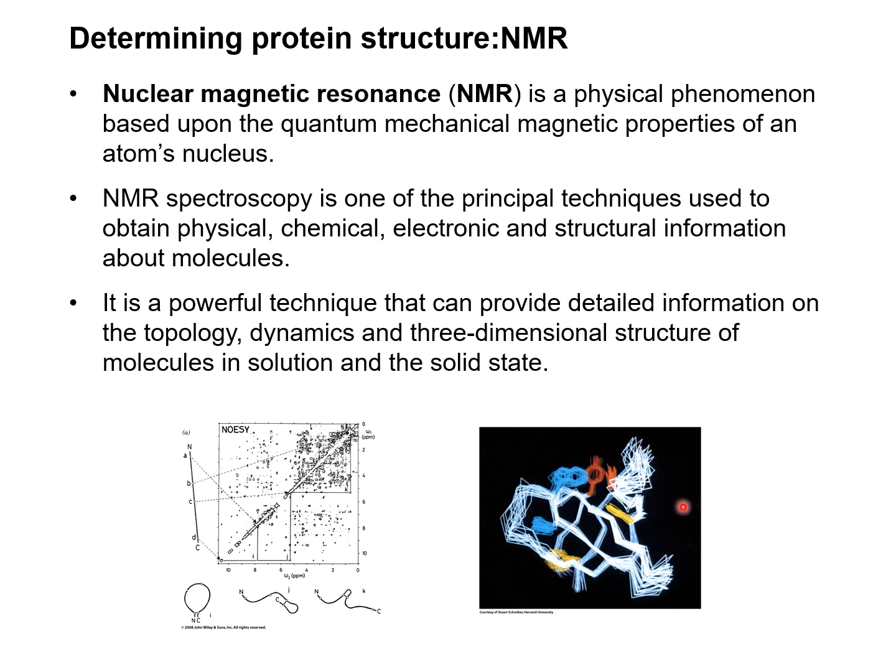You can also analyze the dynamics of those molecules, as well as interactions between two molecules and their strength too. It is a powerful technique that can provide detailed information on the topology, dynamics, and three-dimensional structure of molecules in solution and in the solid state too. So it has a lot of power.